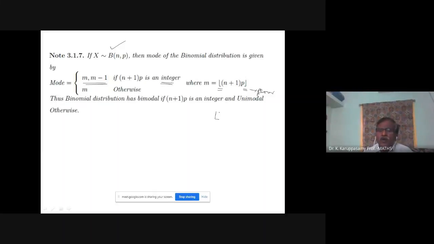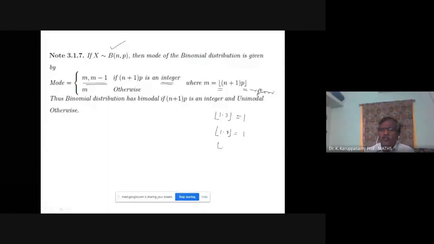Floor of 1.3 is 1, the integer just smaller than 1.3. Floor of 1.8 is also 1. Floor of 2 is 2: the integer just below or the same. If it is an integer, you take the integer. Floor of 2 is equal to 2.